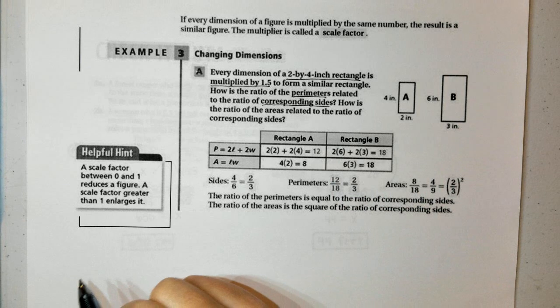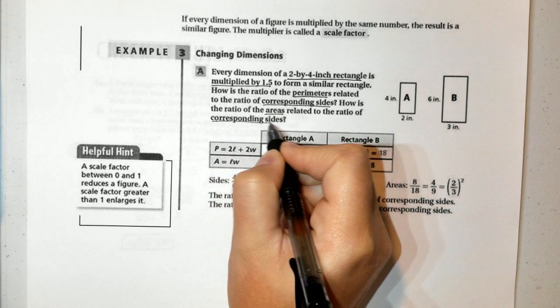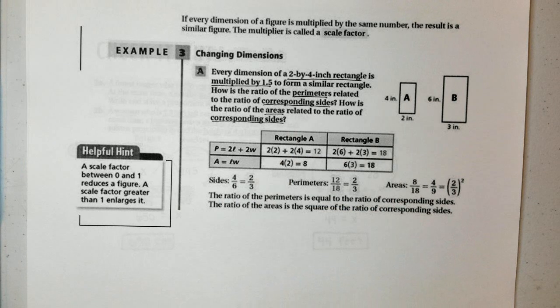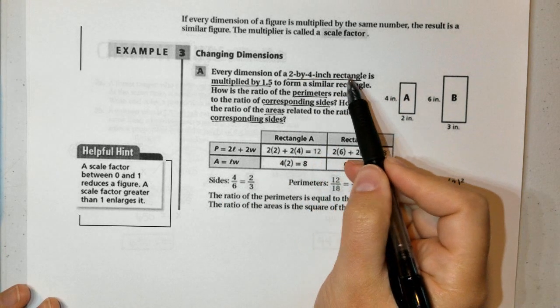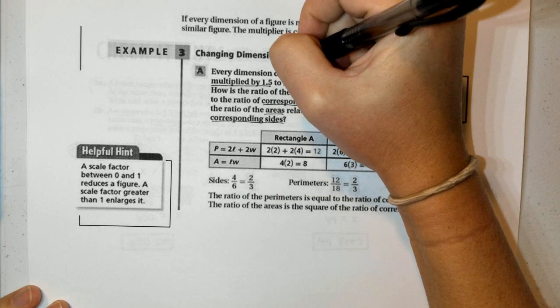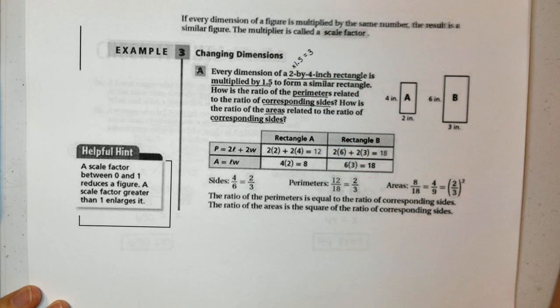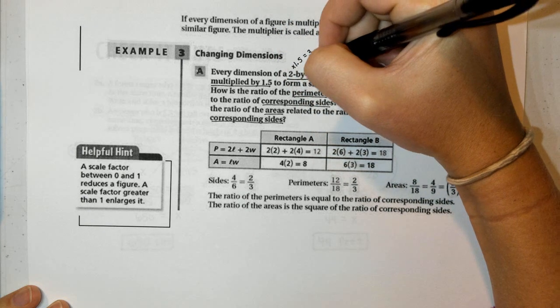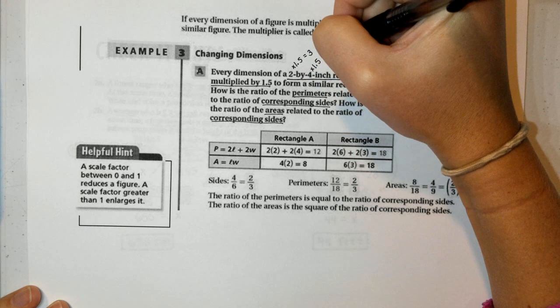How is the ratio of the area related to the ratio of the corresponding sides? So there's a lot going on here. So first, 2 by 4 inch rectangle multiplied by 1.5. So we're going to take 2 multiplied by 1.5. That gives us 3. 4 multiplied by 1.5, that gives us 6.